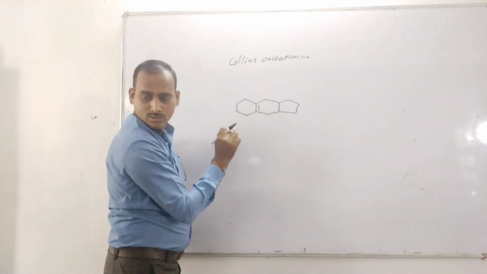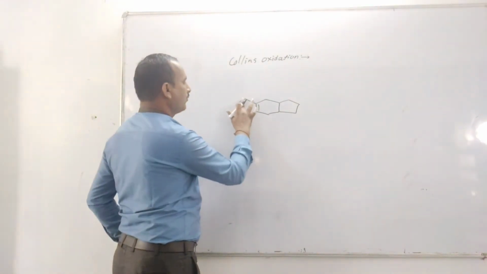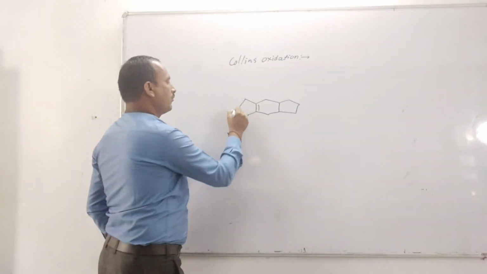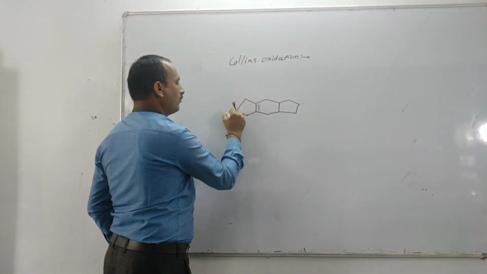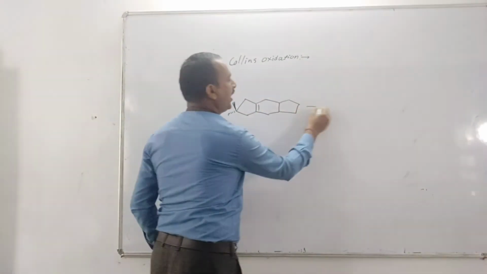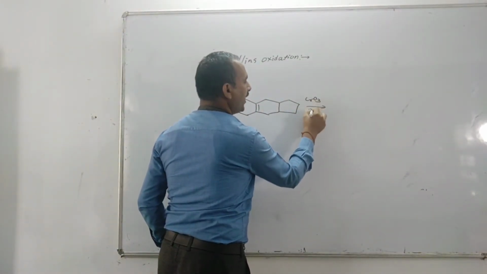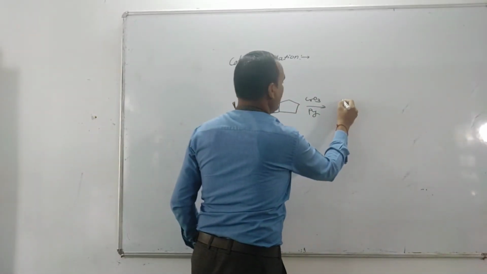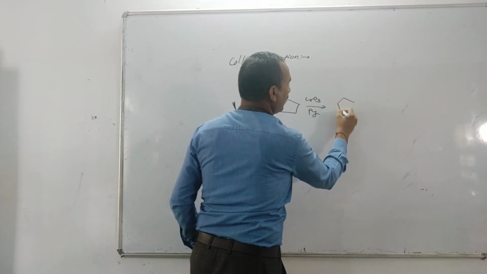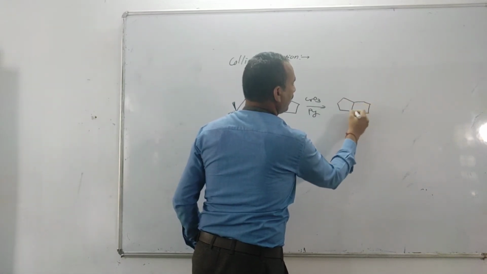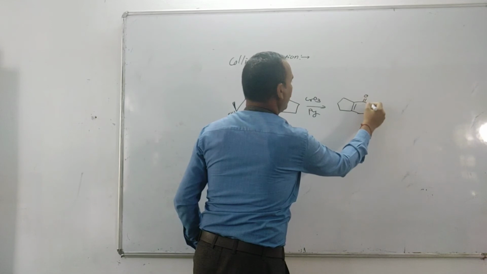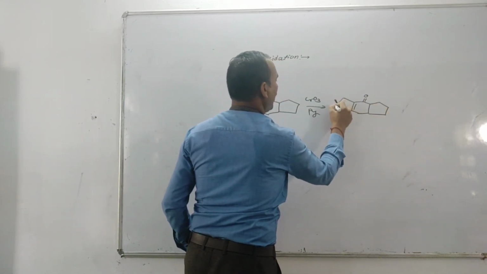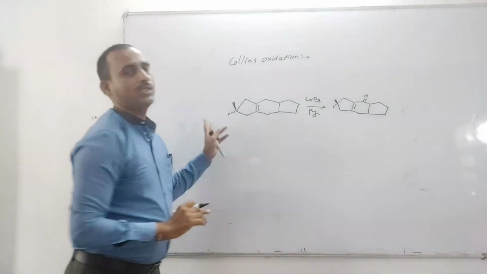Now this allylic position by chromium trioxide and pyridine is oxidized to ketone. The remaining reactant is as it is in the product.